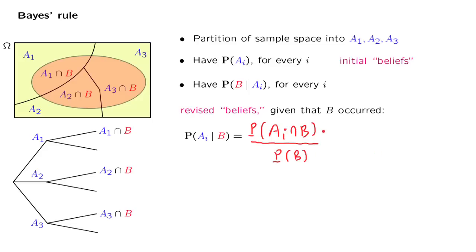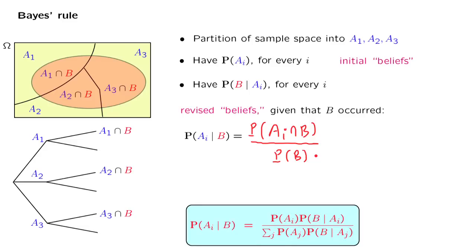Well, we simply realize that the numerator is what we can calculate using the multiplication rule, and the denominator is exactly what we calculate using the total probability theorem. So we have everything we need to calculate those revised beliefs or conditional probabilities, and this is all there is in the Bayes rule. It is actually a very simple calculation.